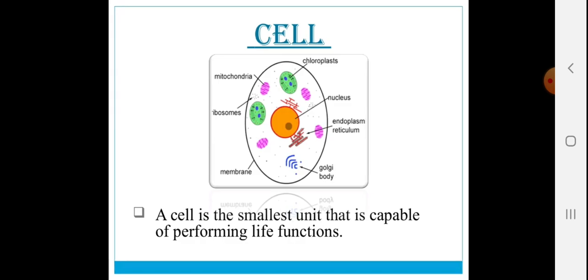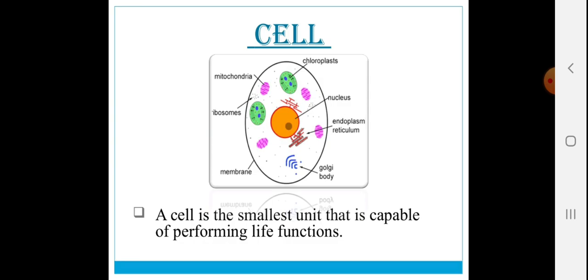So let's begin. What is a cell? Here you can see the basic structure of a cell. In the center there is a nucleus, which is also known as the brain of the cell. You can see Golgi bodies, endoplasmic reticulum, green-colored chloroplast, mitochondria, lysosomes.